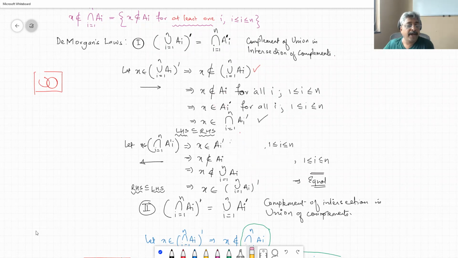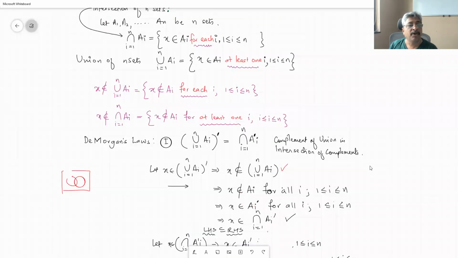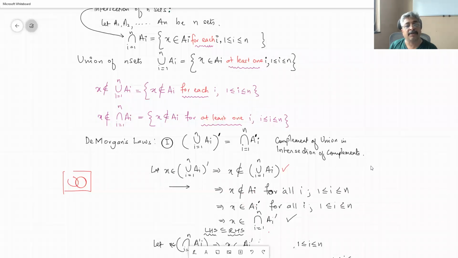Okay. If x belongs to the intersection of all complements, what should we write? It is practically the meaning of intersection that we are writing: x belongingness in an intersection is for all.